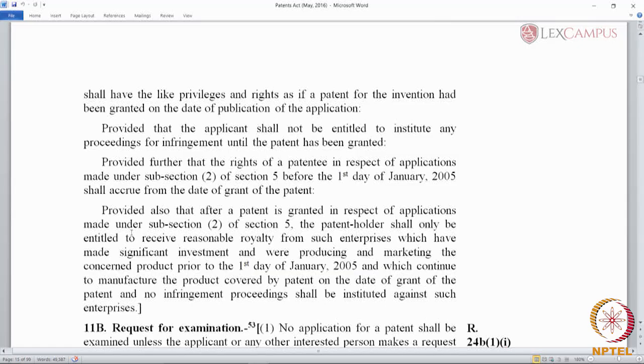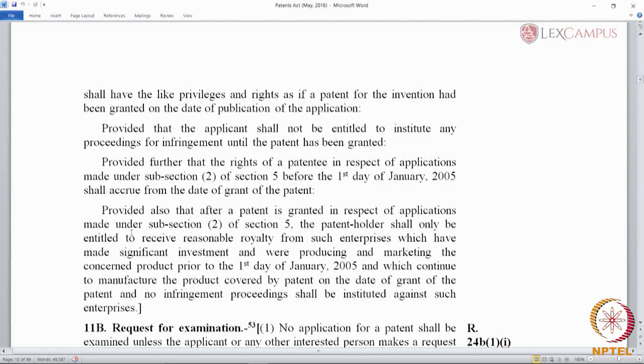Now, 2005 was the timeline for India to bring in product protection measures for pharmaceuticals under the Patents Act. The Patents Act 1970 originally did not offer product protection for pharmaceuticals, but upon becoming a member of the WTO, India was obliged to bring product protection for pharmaceuticals.